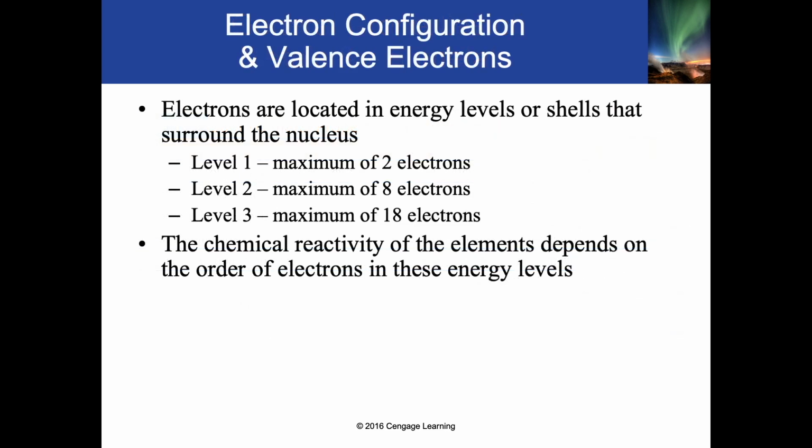All right, so let's talk about this in more detail, okay? Like I was saying before, electrons are in different energy levels that we were talking about in the atomic physics section. At level 1, or n equals 1, the maximum number of electrons is 2. At n equals 2, or level 2, the maximum number is 8 electrons. At level 3, it's 18 electrons. And so the chemical reactivity of elements depends on the order of electrons in these energy levels.